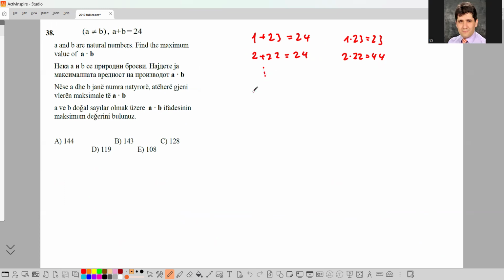If you try everything, you'll see that when you reach 12 plus 12, that's 24. But it says A and B should not be equal. Actually, this is the maximum, but because they shouldn't be equal, 11 plus 13 makes 24. And now the maximum will be 11 times 13, which makes 143. So B is the answer.